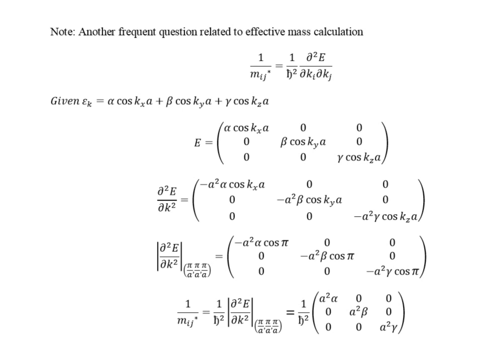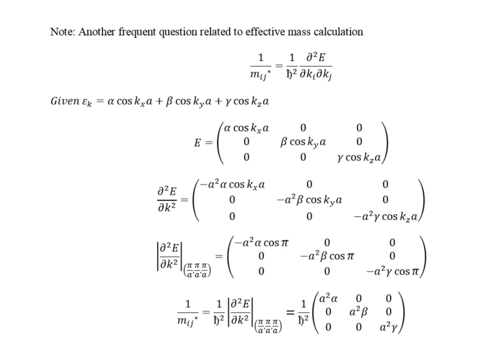Now given that Ek or the energy is equal to alpha cos kxa plus beta cos kya plus gamma cos kza, and hence energy is a scalar, let us write the scalar as a diagonal matrix as shown in the figure. So E equal to a diagonal matrix alpha cos kxa, beta cos kya, gamma cos kza.